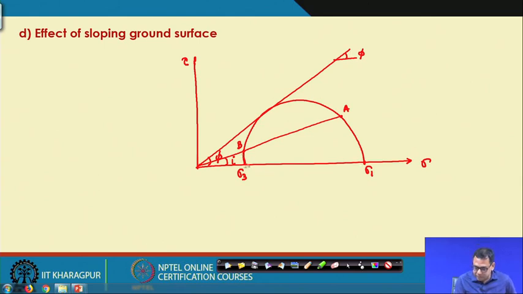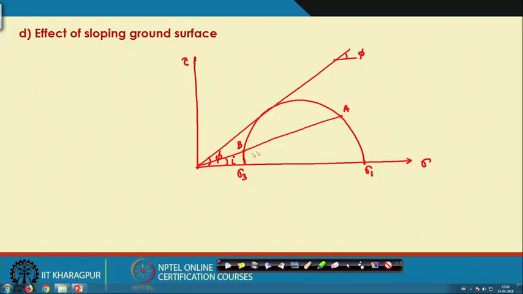So we have drawn a Mohr circle, this is the failure envelope, and sigma 1 and sigma 3 are the principal stresses. But these planes are not principal planes, because the plane is making an angle i with the horizontal. So if I draw a line making an angle i with the horizontal, then A and B are the two points where it passes through the Mohr circle.